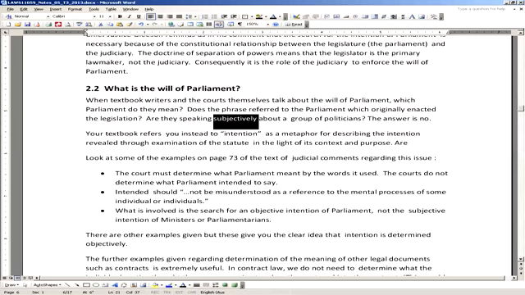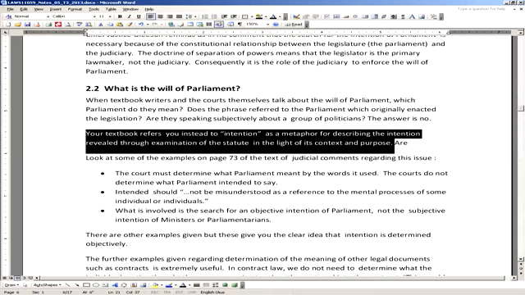And it says here, your textbook refers to intention as a metaphor for describing the intention revealed through an examination of the statute in the light of the context and the purpose. I.e., that's it doing it again, that intention and purpose effectively are the same thing.